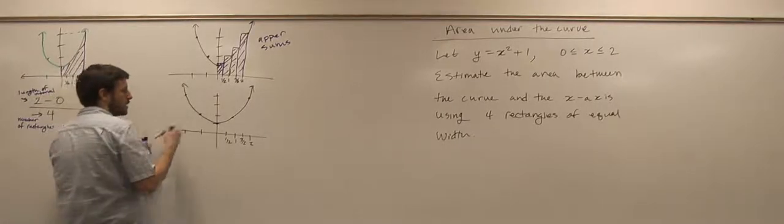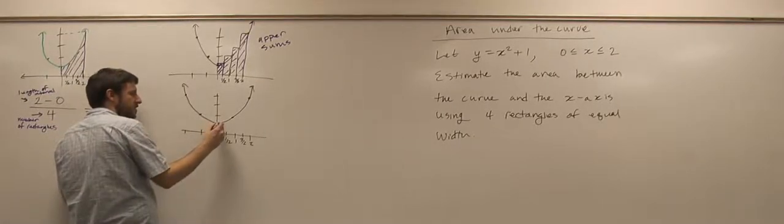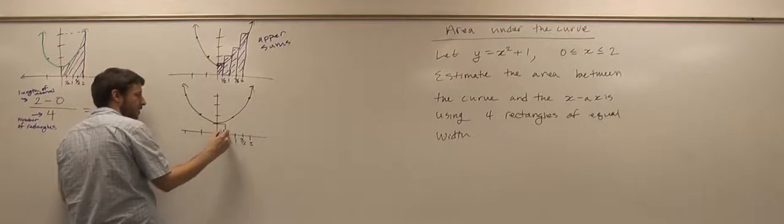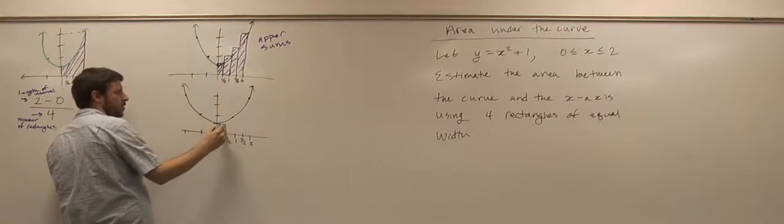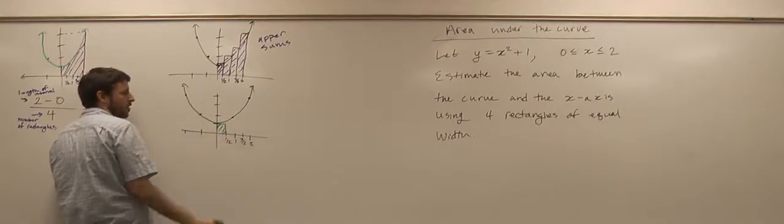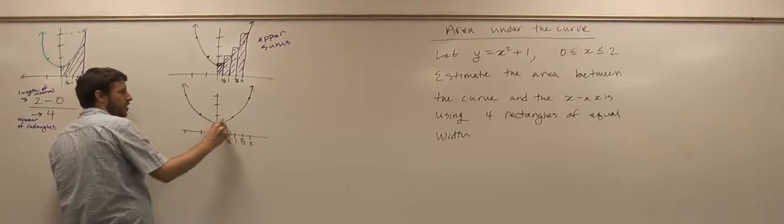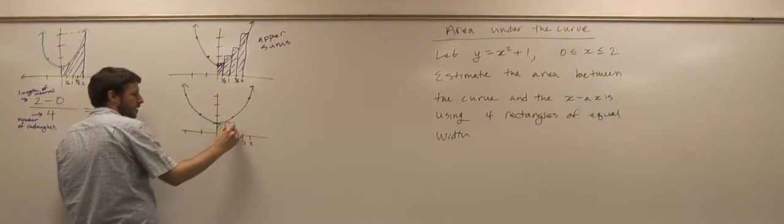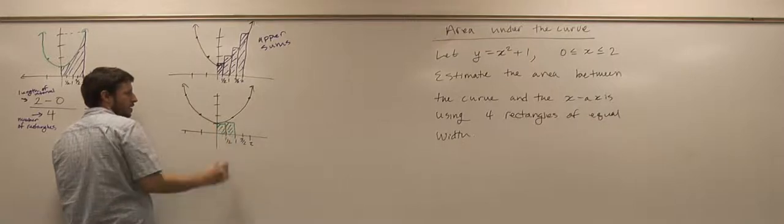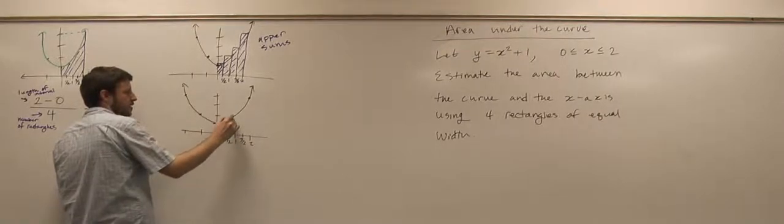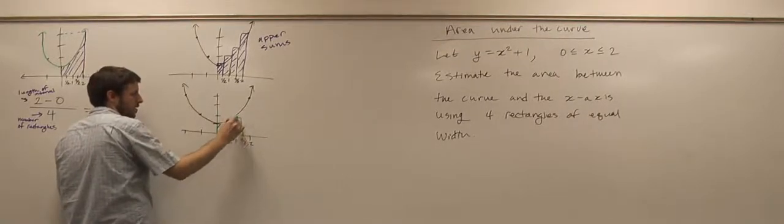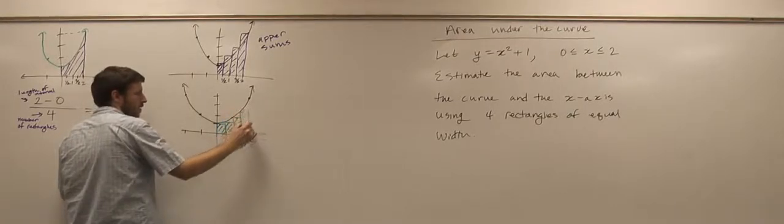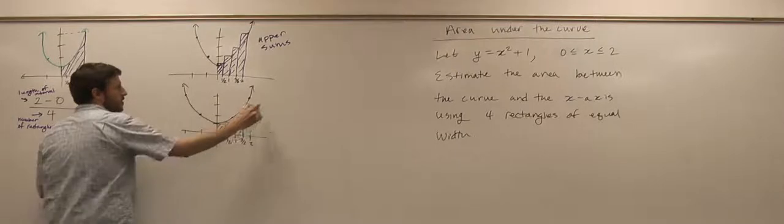So lower sums, in this case, start from the left so that you can draw a rectangle of width 1/2 that stays below the curve. You go up to your curve on the left, and you draw a rectangle.